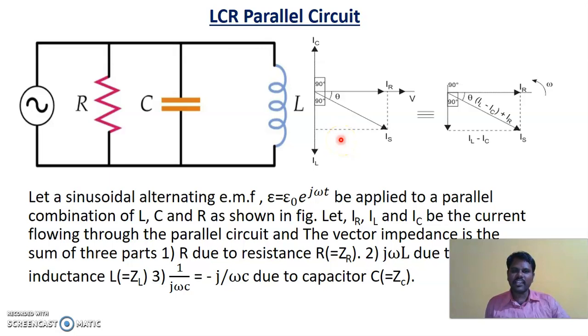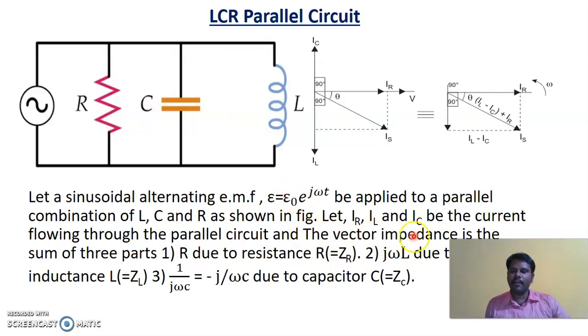For a parallel circuit, let IR, IL and IC be the currents flowing through the parallel circuit in resistance, inductance and capacitance respectively.